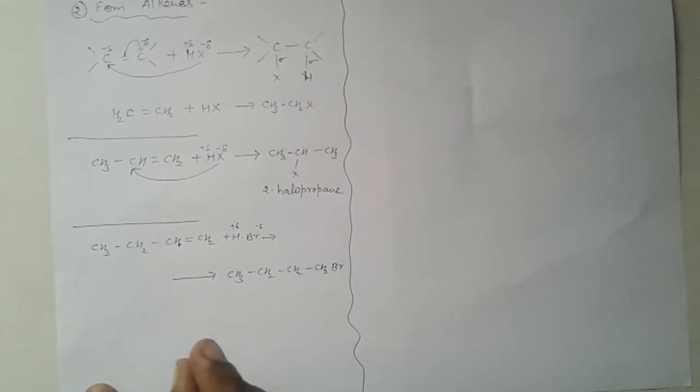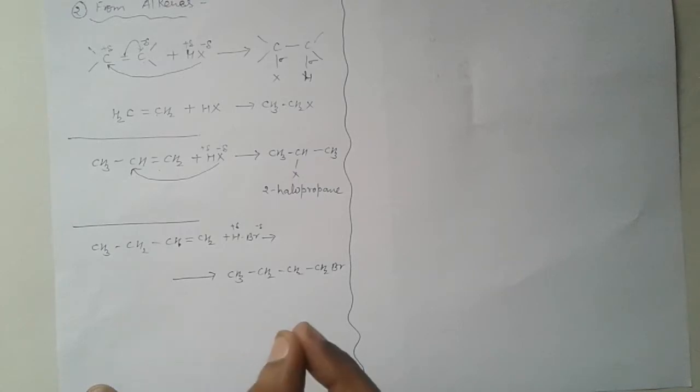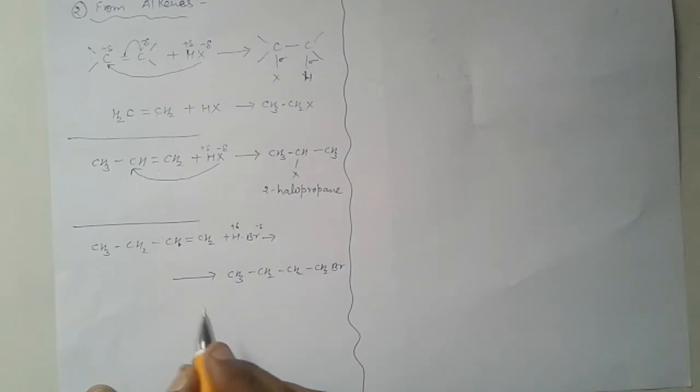One important thing is that the anti-Markovnikov rule applies to the addition of HBr only, not to the addition of HF, HCl or HI, because HF and HCl have ionic character.